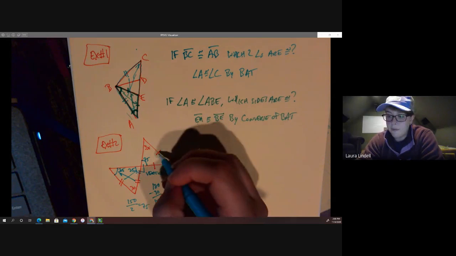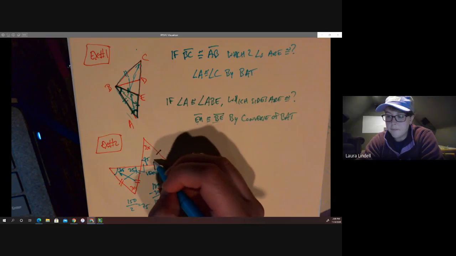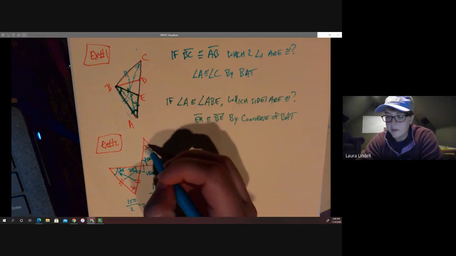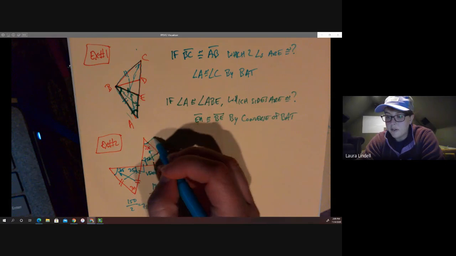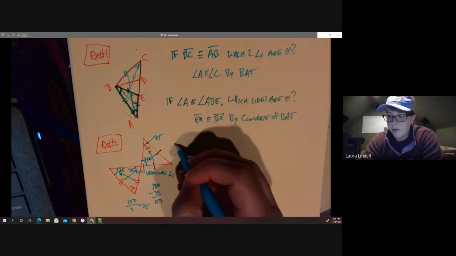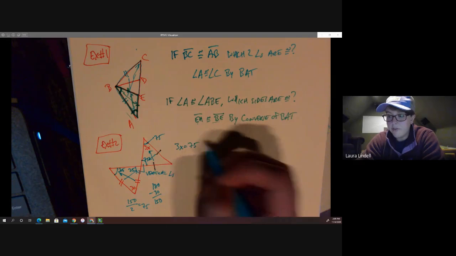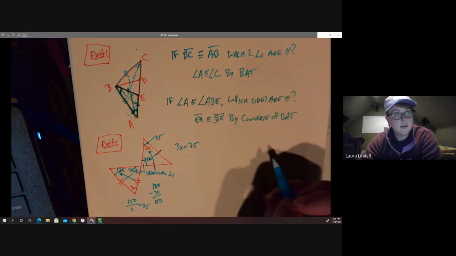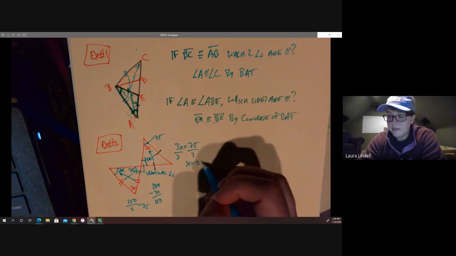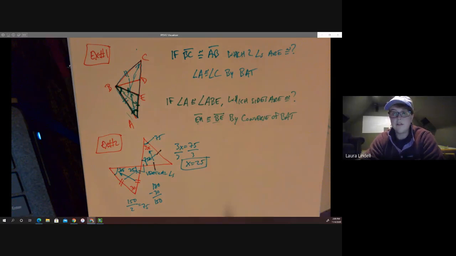So then we know that these two sides are the same, which tells me that these two angles are the same. So this one is also 75. So now we know 3x equals 75. We can divide by 3 on both sides and get x equals 25.